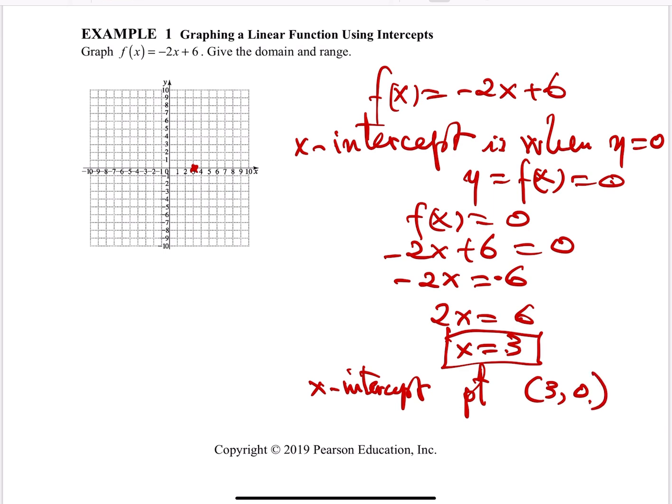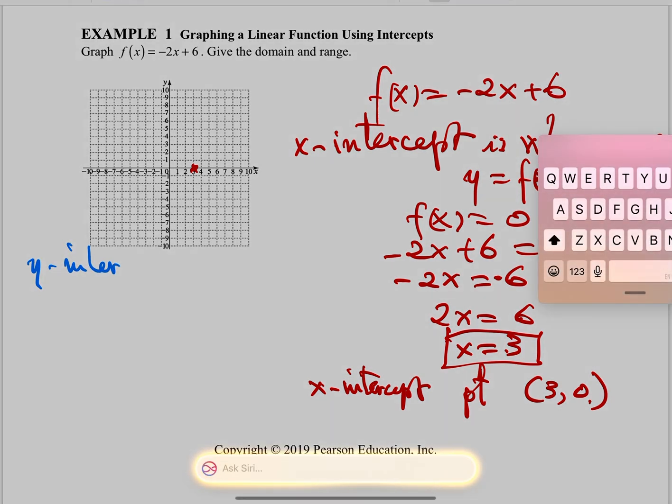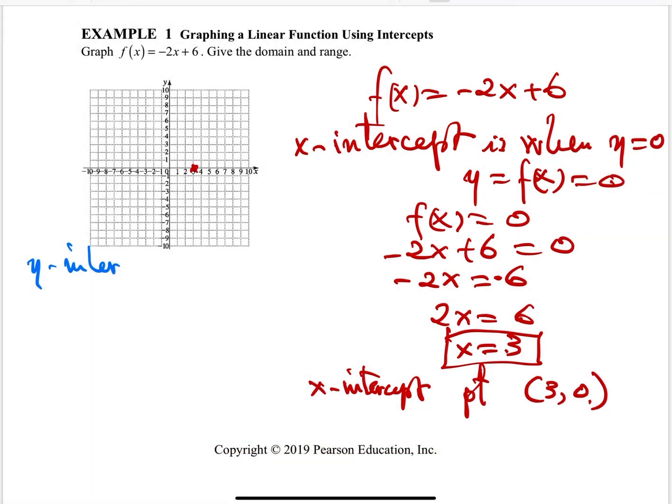Okay, the second one, let me use the green one. Let's find the y-intercept. If you have to find the y-intercept here, remember the y-intercept is when x is equal to 0.